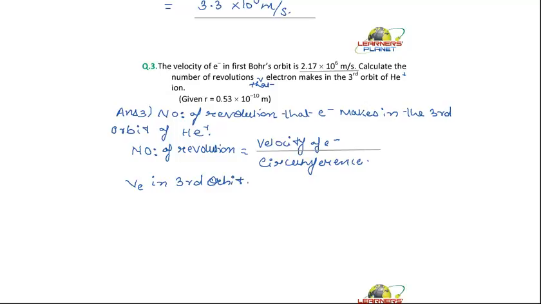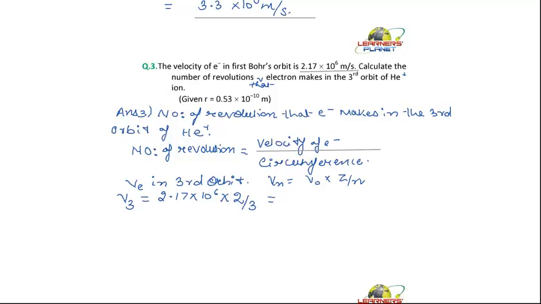In the previous question, I gave you the general formula, that is, Vn is equal to V0 into Z upon n. So, the velocity in the third orbit will be equal to 2.17 into 10 to the power 6 into Z, that is helium, Z is 2, divided by the third orbit, that is 3.